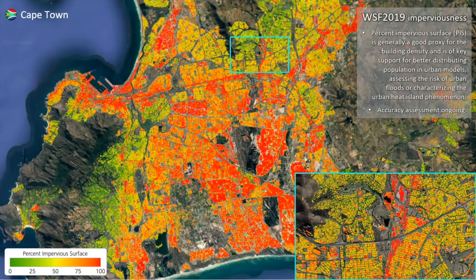But we are not just outlining where settlements are. We have seen also from the previous talk how important it is to estimate imperviousness. In this case, we focused on estimating per pixel at 10-meter resolution the percent impervious surface, which is generally a good proxy for building density and is of really high support in several applications like population distribution, risk assessment, or the characterization of the urbanization phenomenon.